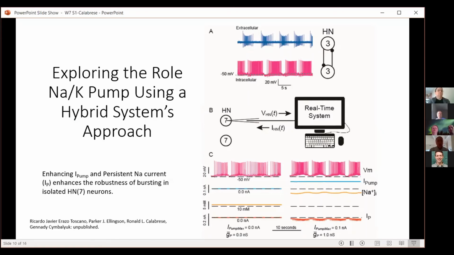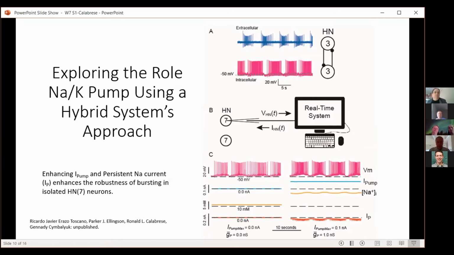So remember I told you at the beginning that if you take an interneuron from 7 in an isolated ganglion 7, that it no longer receives inhibition. And these neurons, even when recorded intracellularly, will burst weakly.